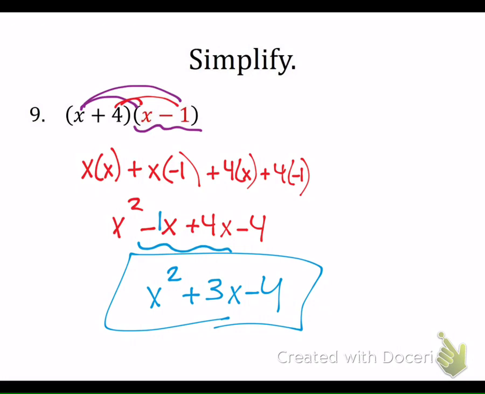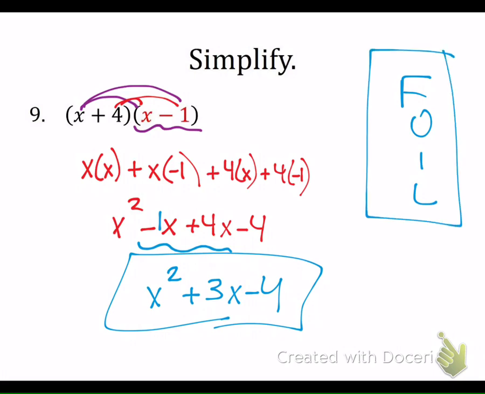Some teachers who have not been educated in higher level mathematics still call this the FOIL method. FOIL means front terms, outside terms, inside terms, last terms. We don't do that anymore because it does not apply to any situation besides a binomial and a binomial.